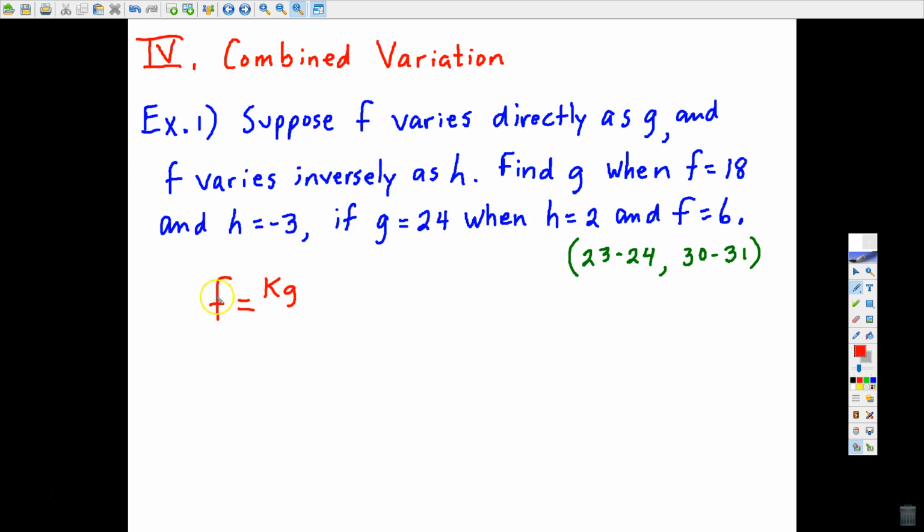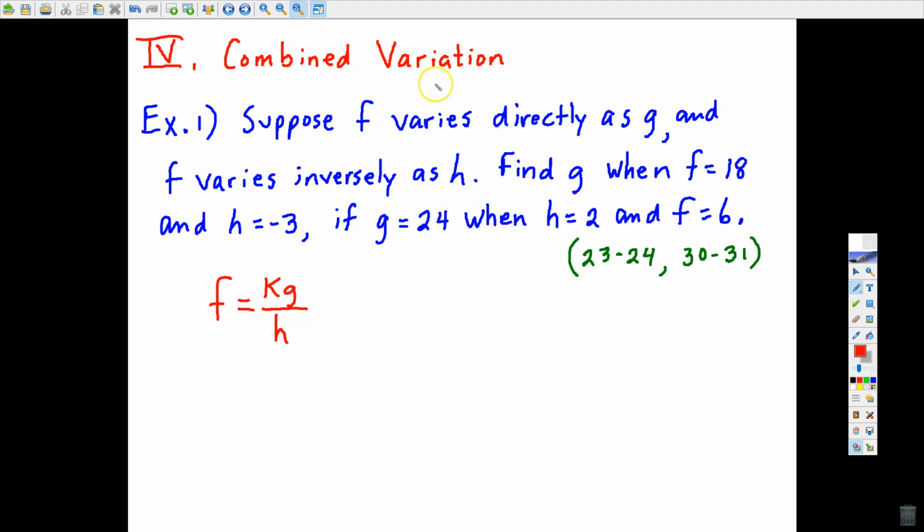And f and g are in this direct variation relationship. Let's read on. F also varies inversely as h. Well, inverse variation always means division. K is always the numerator, so all I'm going to do is take what I wrote for the direct variation part and divide by h.